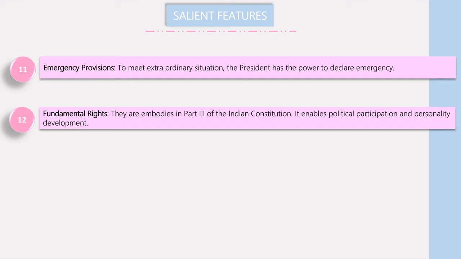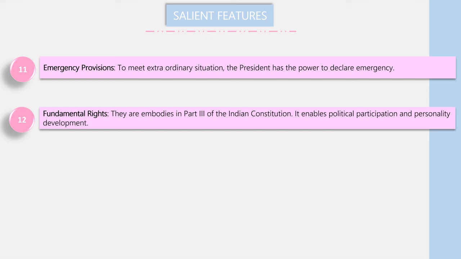These rights are essential for a democracy, not only for the enjoyment of social, civic, and religious life, but also for meaningful political participation. They are justiciable in nature.